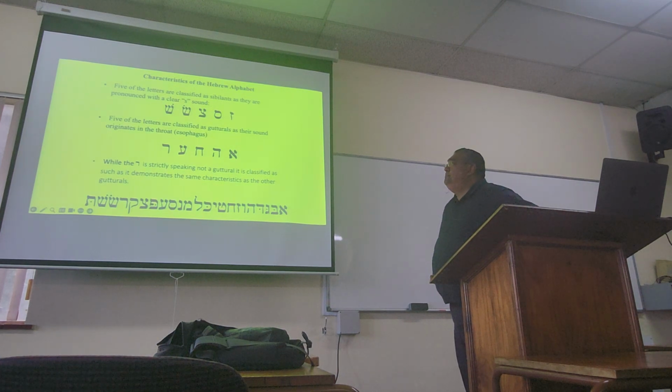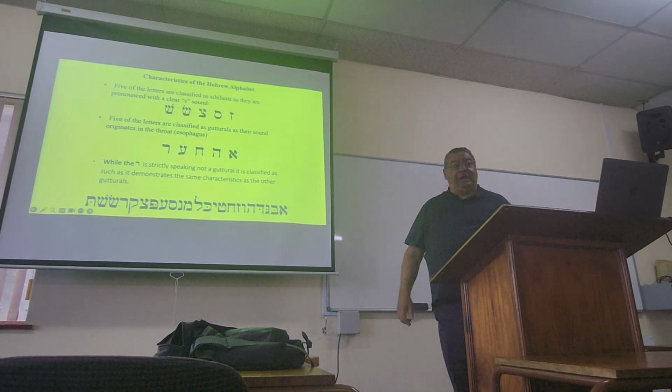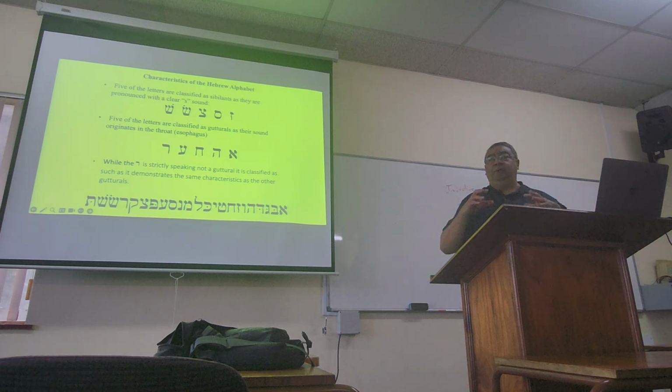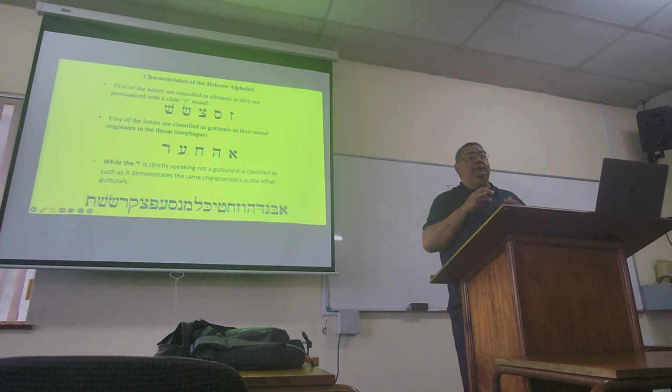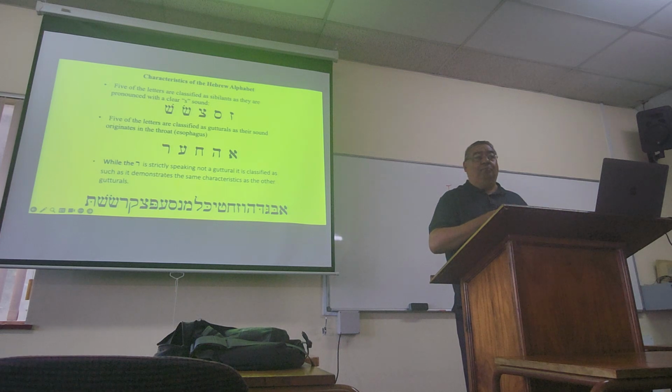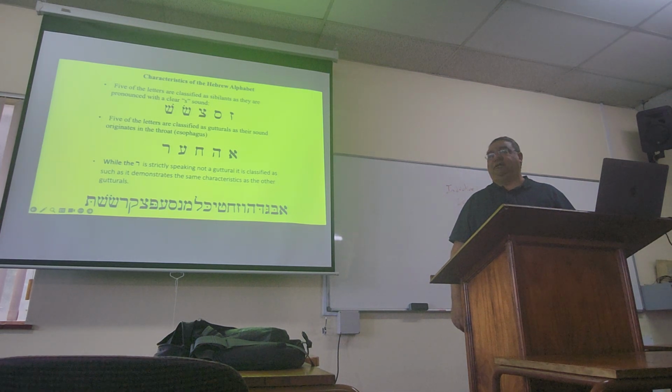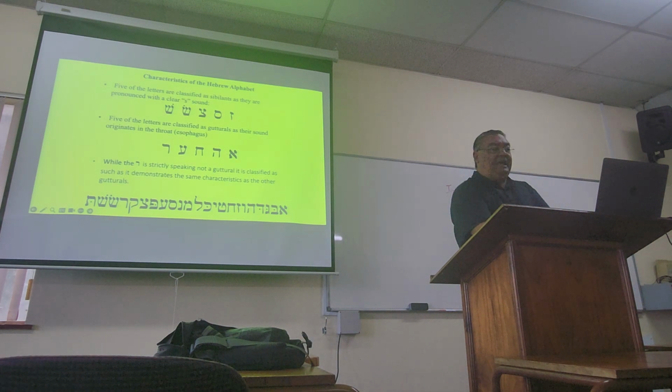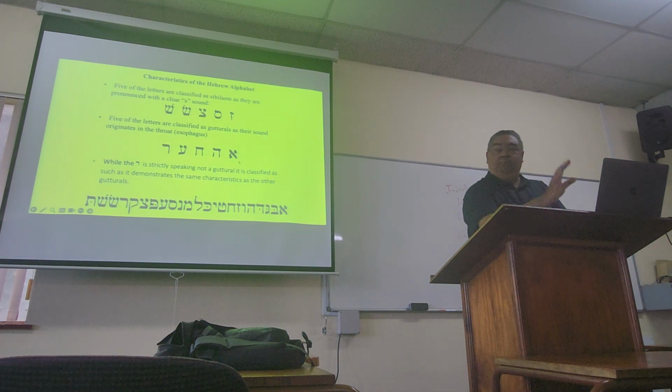The next one, and this is the last set that we are looking at, letters within the alphabet that have characteristics that are very important. The last one are those letters classified as gutturals. The letters classified as gutturals, pardon my spelling mistake of esophagus, are the letter Aleph, the letter Hey, the letter Chet, the letter Ayin, and the letter Resh.